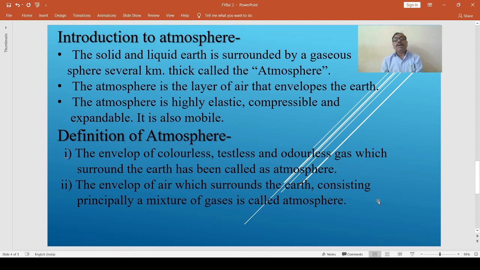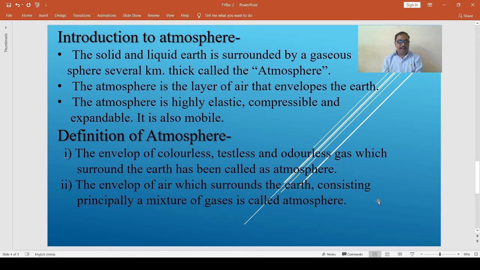Here we have to discuss the compressible atmosphere, and it is in the form of pressure belts: high pressure, low pressure. Expandable. Then it is also mobile. The mobility is found in the form of winds and air currents.